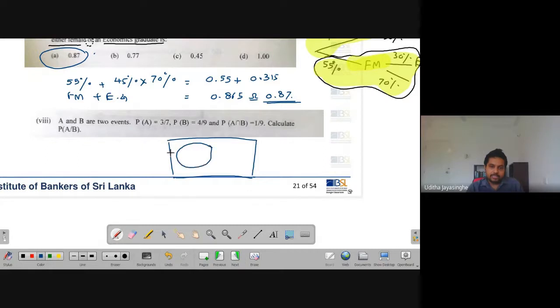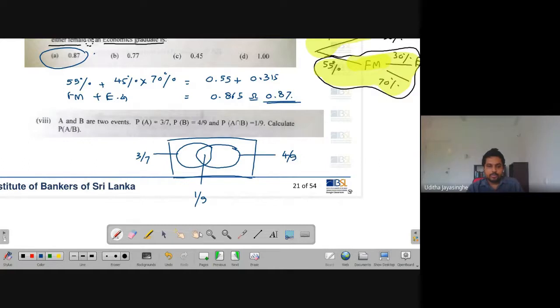P(A) is given, this is 3 divided by 7. Since there is an intersection, I have to draw it like this. A intersection B is 1 divided by 9. P(B), I know, is 4 divided by 9.